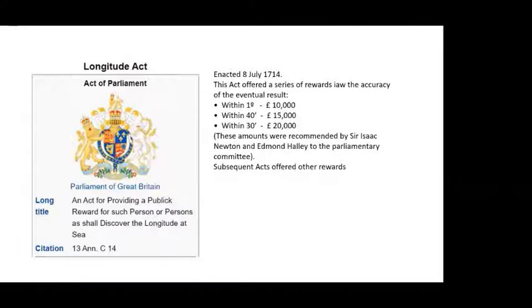There were subsequent acts which ordered further awards to do with navigation. I must tell you that £20,000 in the 18th century was a vast amount of money. And whoever won the prize could have called himself the Bill Gates of the 18th century.